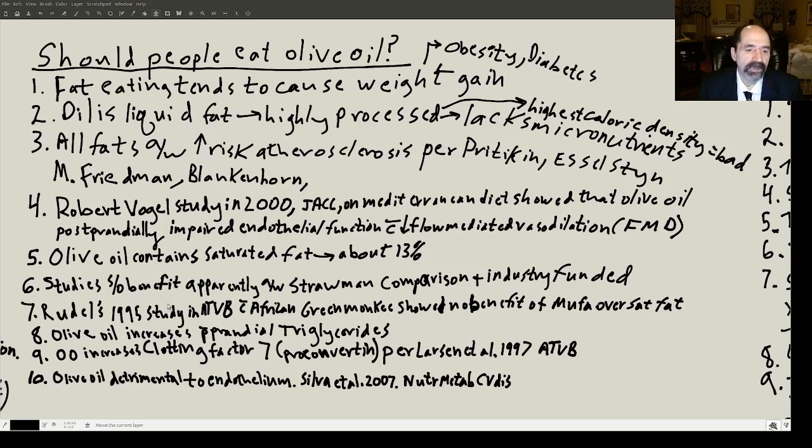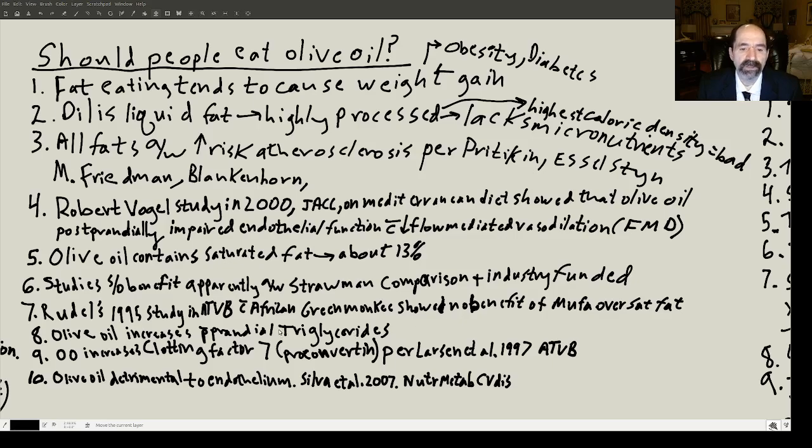Another paper by Rudel in 1995, in ATVB, the journal, studied African green monkeys because they're thought to have some physiology similar to humans, and there was no benefit of the monkeys eating MUFAs, monounsaturated fatty acids like olive oil, instead of saturated fat.